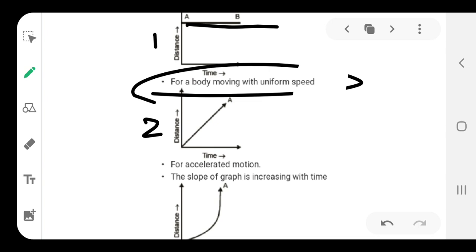It makes some angle with the time axis. And as the graph passes through O, that is the point of origin, the distance traveled at time 0 is also 0. As time increases, distance increases. So, the body is moving with a uniform speed in a straight line.